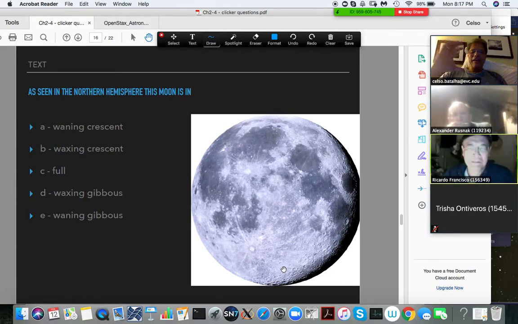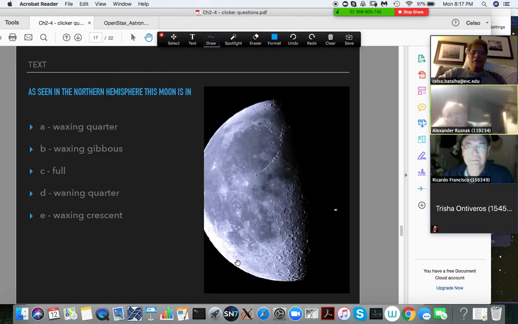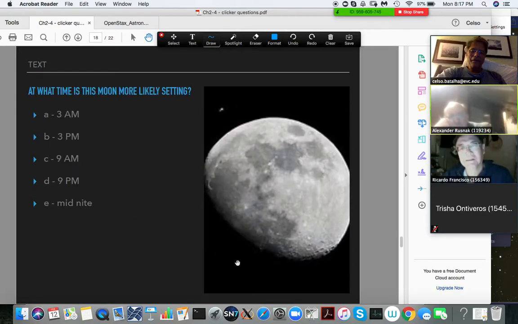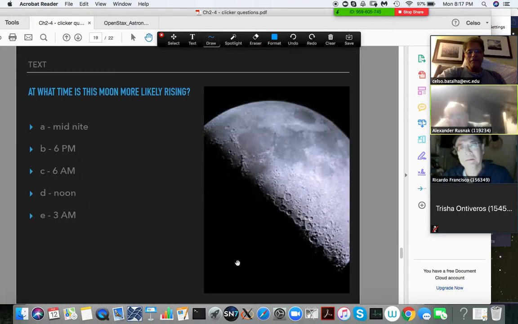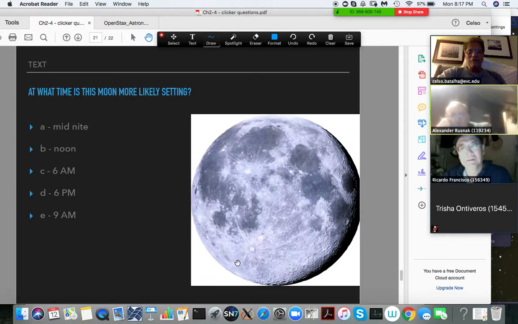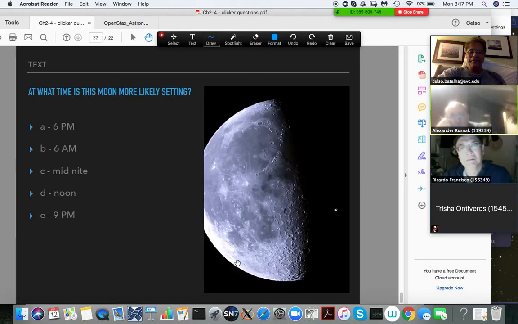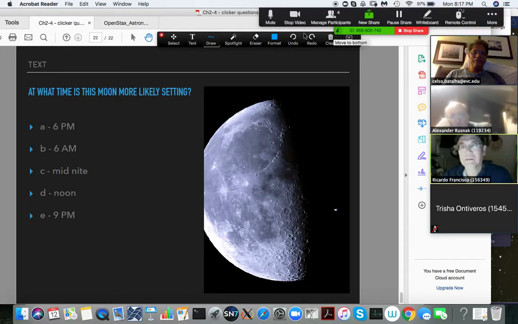So my left hand can hold it. So that is a waning gibbous moon. That is a waning last quarter moon. That is a waxing gibbous. That's the crescent. Oh, and then I'm repeating the moons. That's it. So that's just for fun.